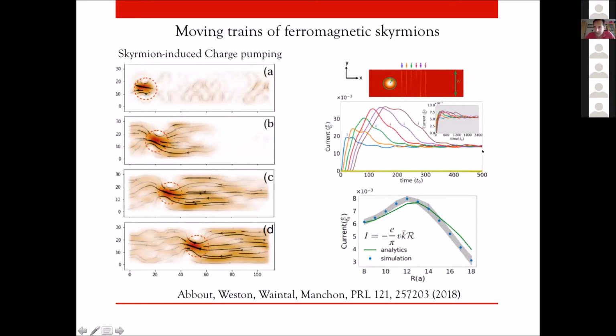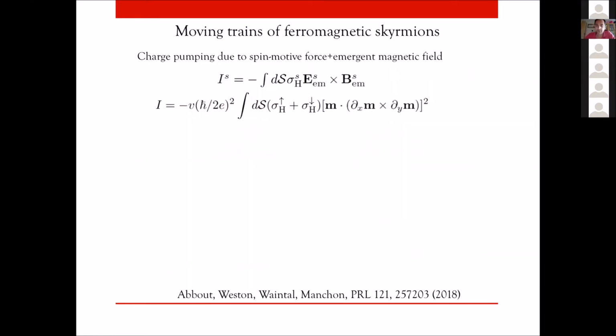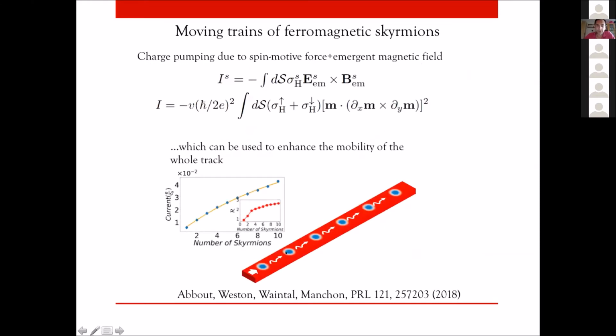And this is an interesting aspect because you could imagine having a train of skyrmions. If you have a train of skyrmions through the wire, and you start moving one of those skyrmions, then the first skyrmion would pump a charge current to the second skyrmion, which would enhance the torque. So if you have a chain of skyrmions, you would have a collective effect where each skyrmion pumps a charge current into the next skyrmion.